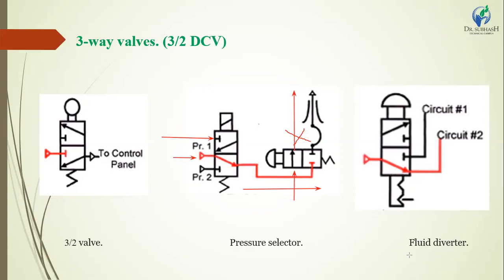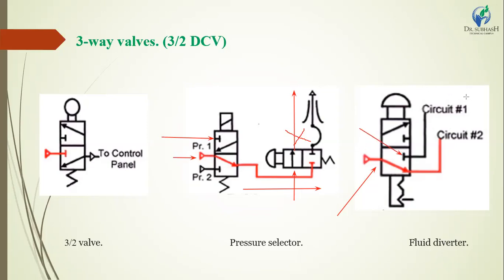Next drawing is a fluid diverter. You have to pass fluid into one circuit, second circuit, third circuit as per the requirement of the user. You have to use the first position, and oil passes to circuit 2, and the first circuit is also connected with the 3 by 2 valve, but this circuit is marked as a closed point.